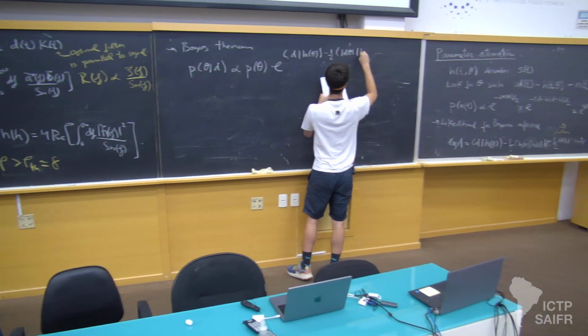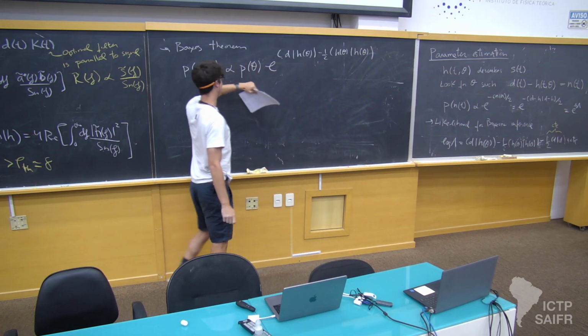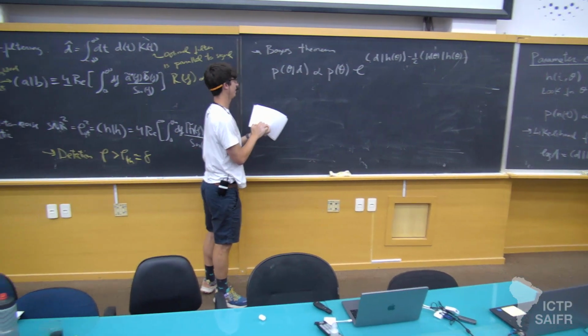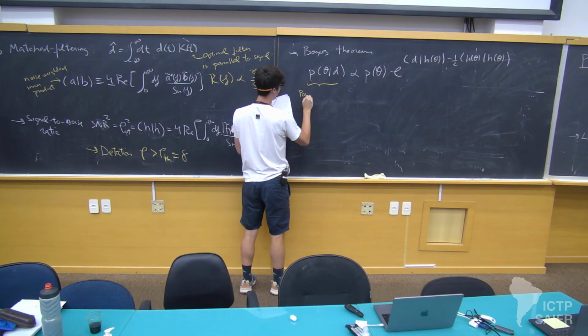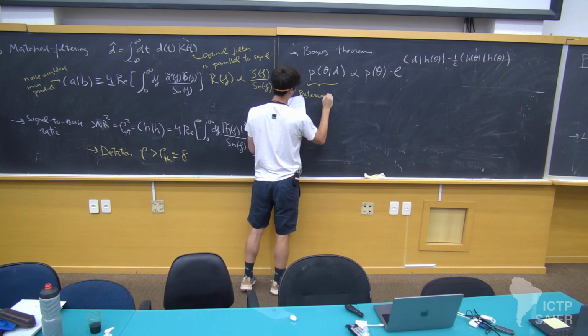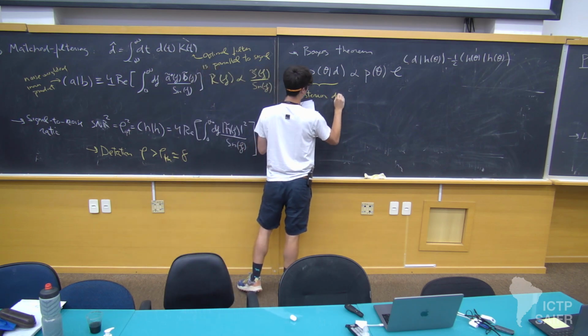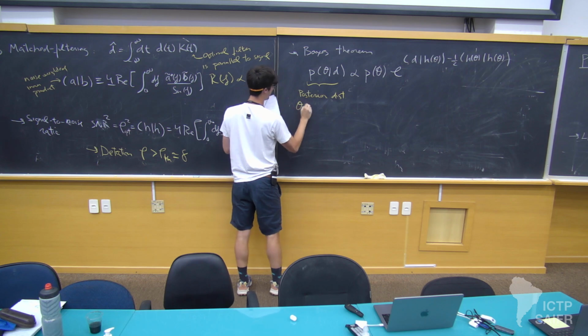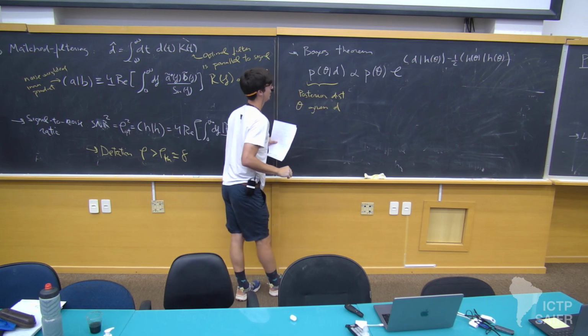And then I'm not considering here the terms which are constant, because I'm taking this to be proportional. So here we have the posterior. This is what we want to infer: the posterior distribution of theta given the data.